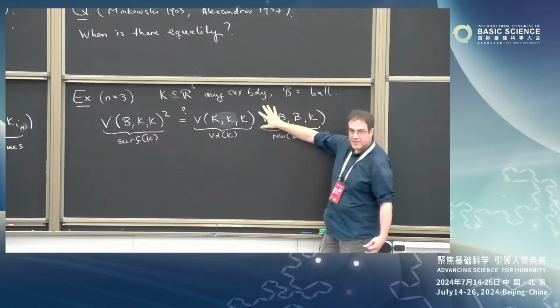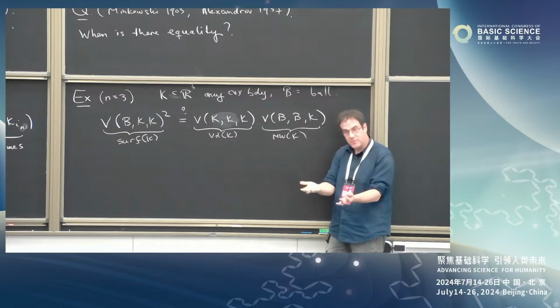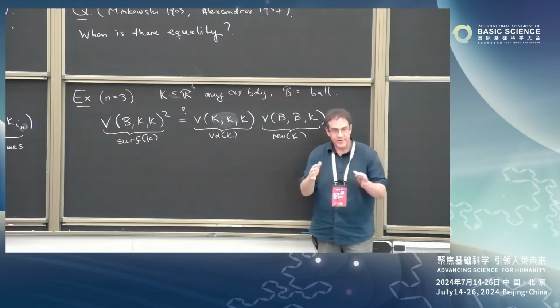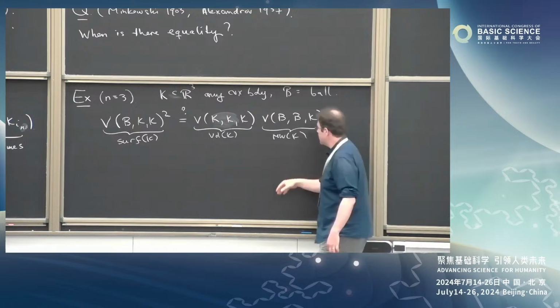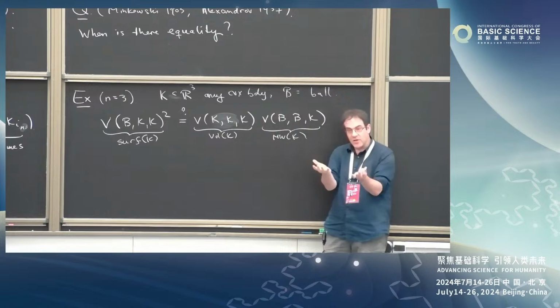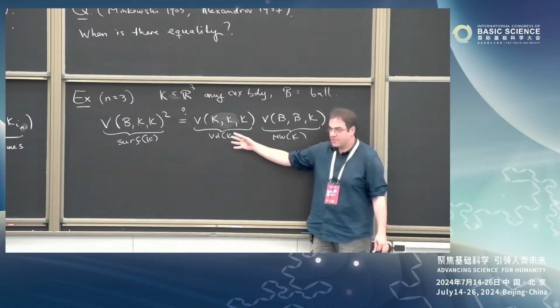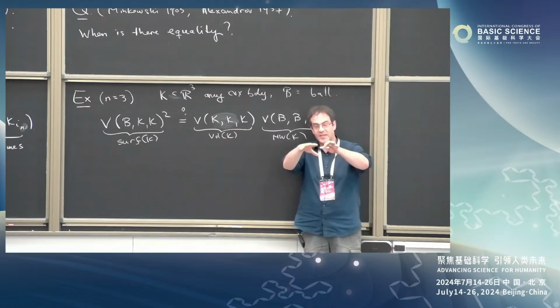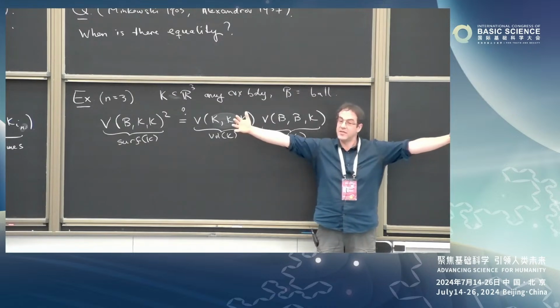Now, if I didn't have the volume, this is the isoperimetric inequality. If I just fix the volume, it's like this. But what if I forced the mean width to be this one?